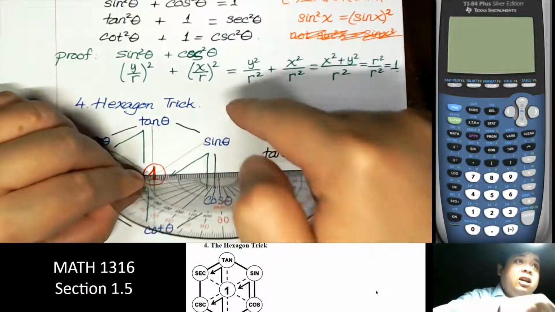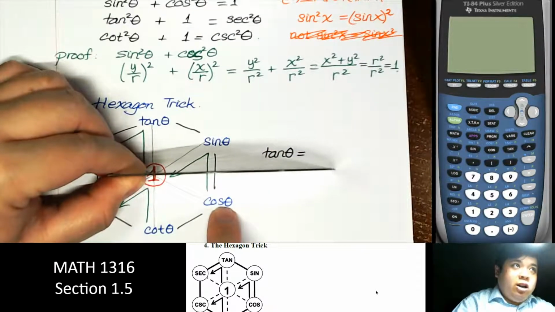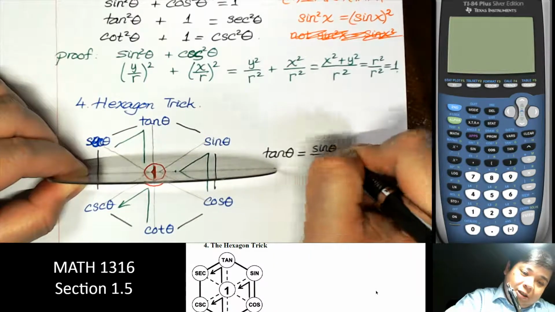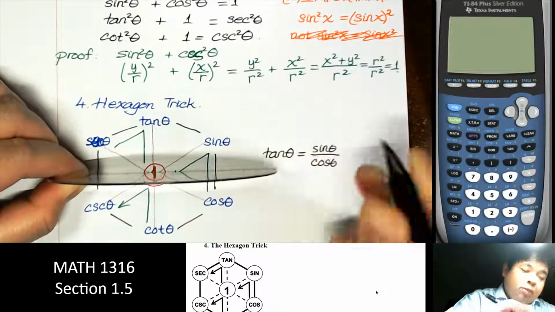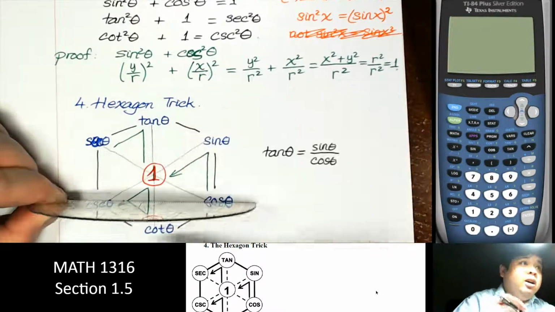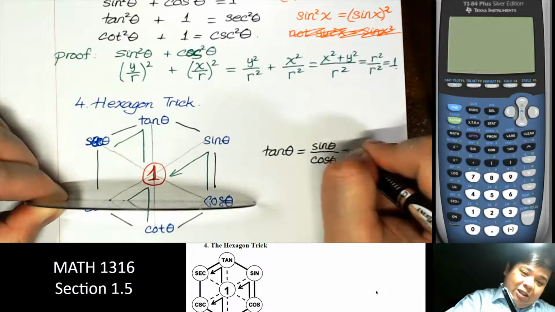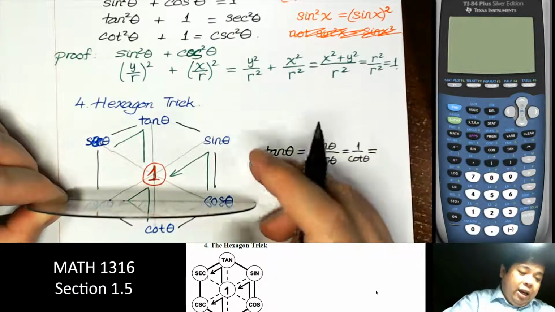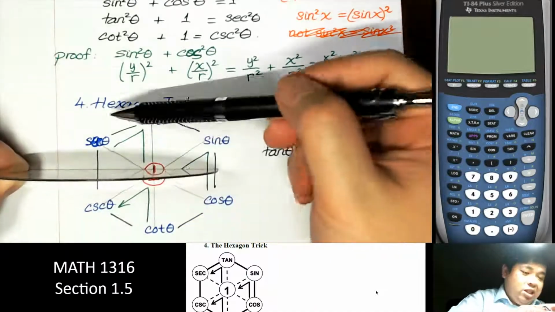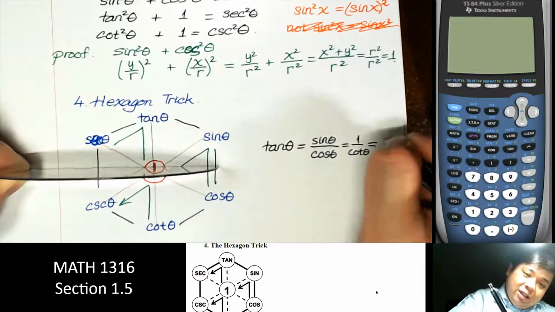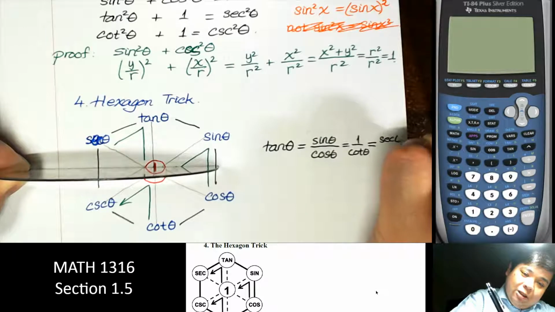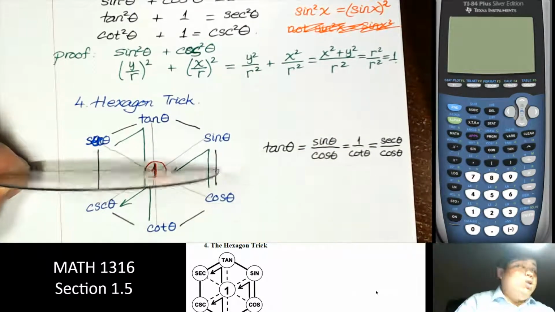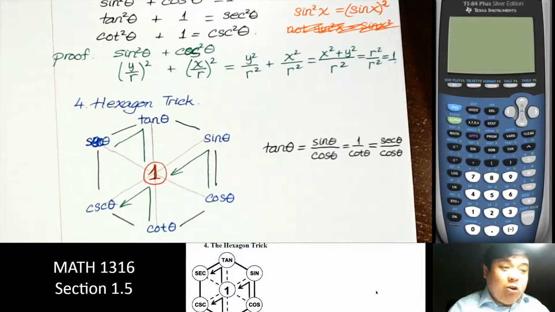We have sine above cosine, so that will be a ratio. Also, there's 1 above cotangent. And then secant above cosecant. All of those ratios work. That's the nice thing about the hexagon trick.